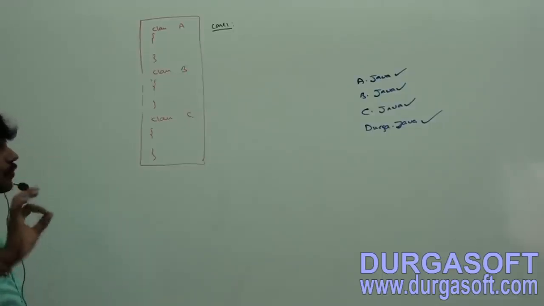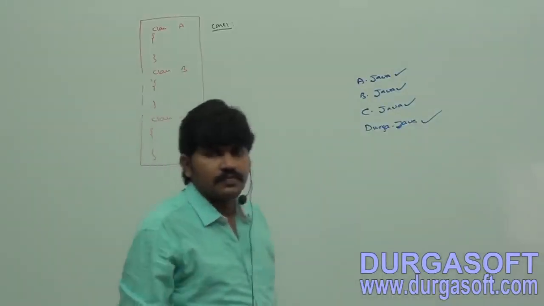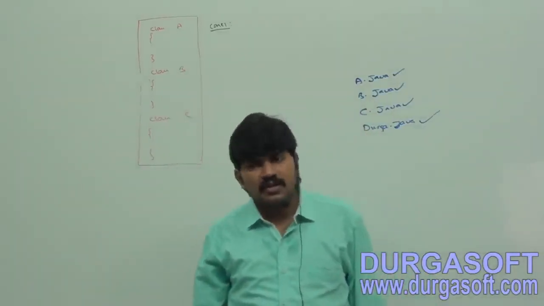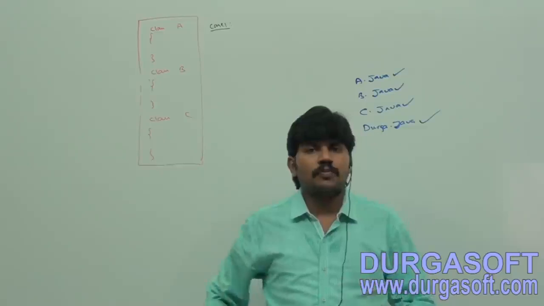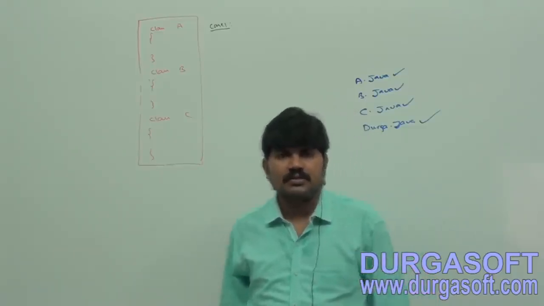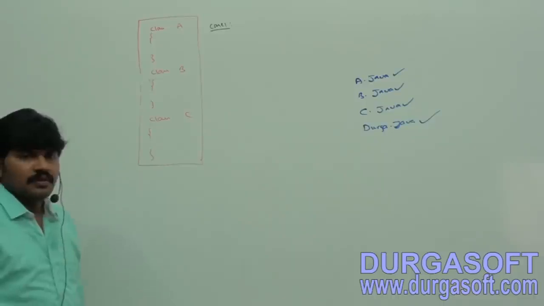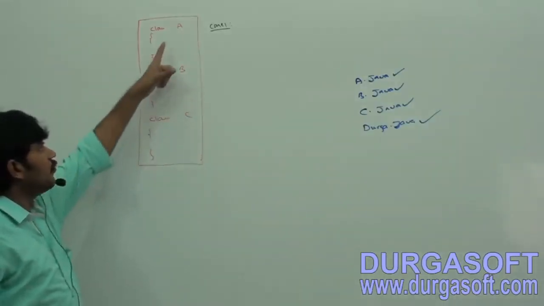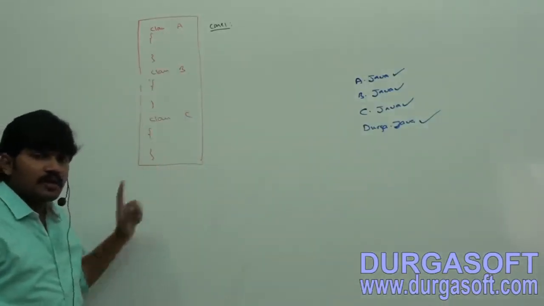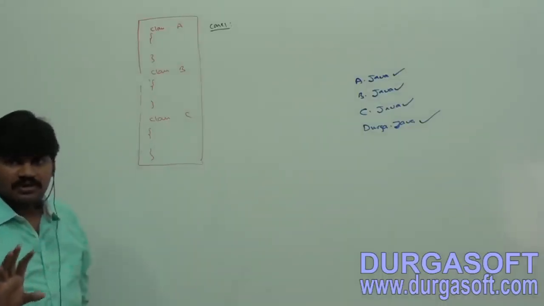Case 1: if there is no public class, then can you tell which name we can give for this program? Then we can use any name. There are no restrictions.